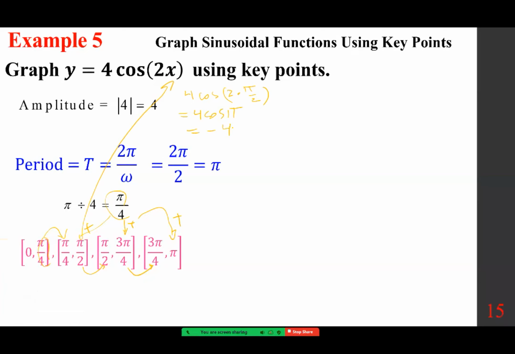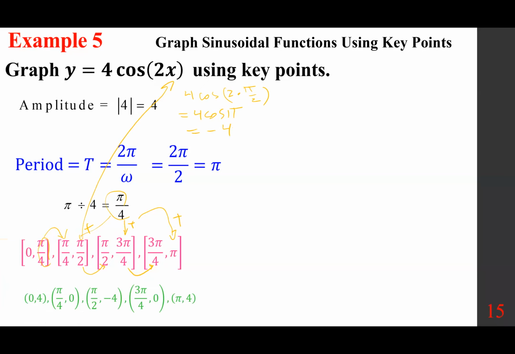That's how you evaluate it. And you can do the same thing with the next two numbers, 3 pi over 4 and pi. If you put 3 pi over 4 here, times 2 becomes 3 pi over 2, cosine is 0. If you put pi here, 2 pi, cosine is positive 1 times 4.